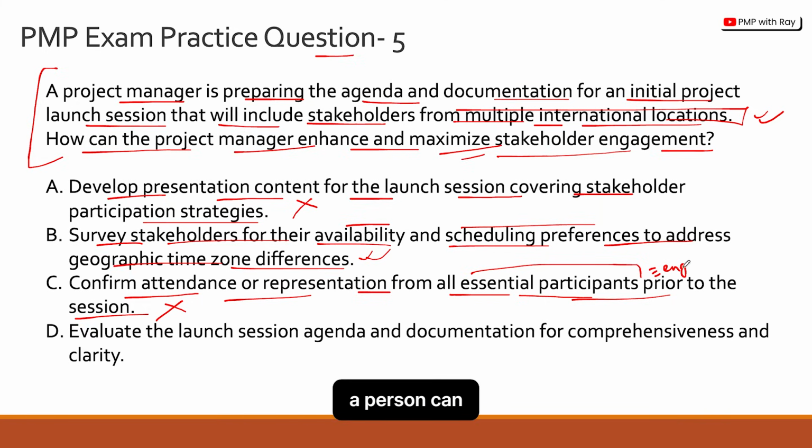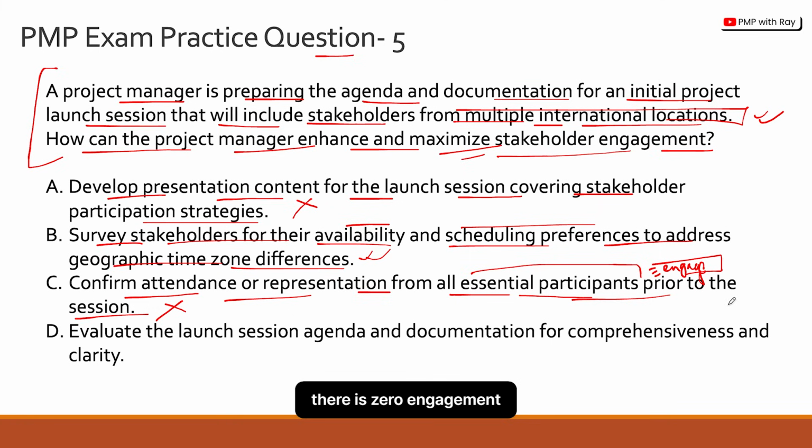So a person can still participate and be silent throughout the entire session, and there is zero engagement from that participant, even if he or she is present in the event, right? So the bottom line is attendance is very, very different from engagement. Just because you are attending and participating in a session doesn't mean that you are necessarily engaging in that session, right? I hope you understand that. So option C is also incorrect.